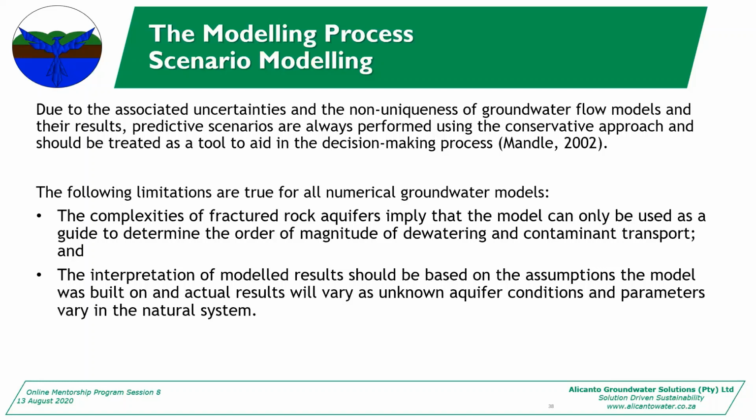So if it's 100 cubes per day, it could be between 100 and 300. You've got to remember that with your model. The interpretation of model results should be based on the assumptions the model was built on, and the actual results will vary as unknown aquifer conditions and parameters vary in the natural system. So just be aware of these things. Like I said in the beginning, a model is not a silver bullet.